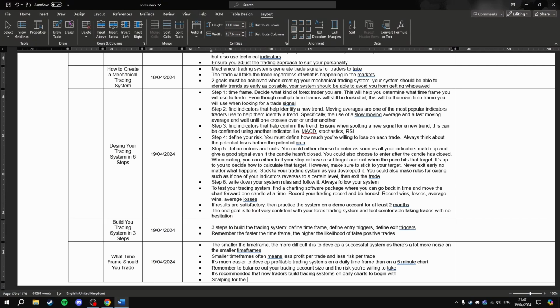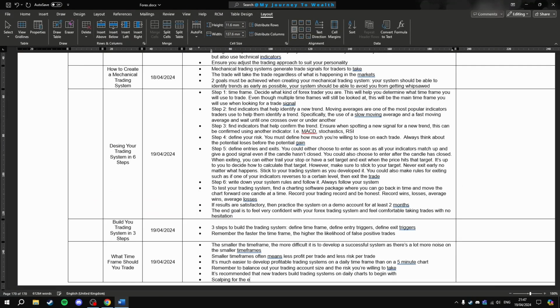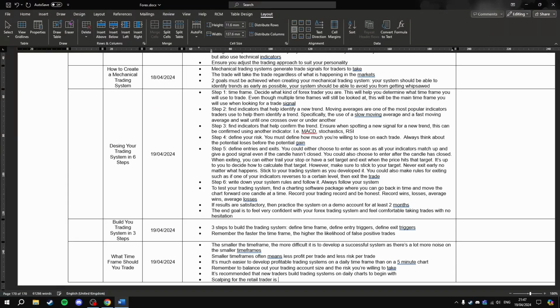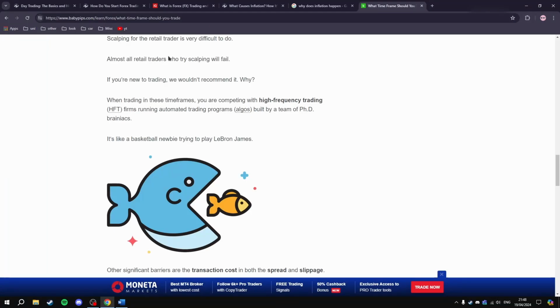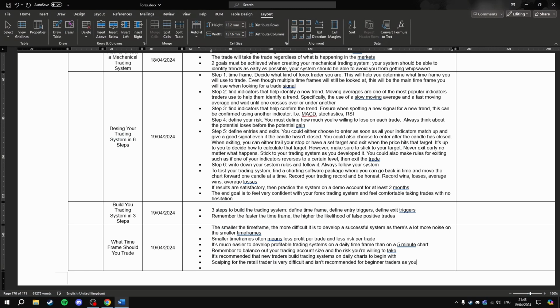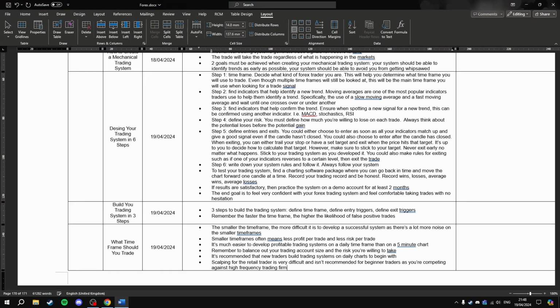Scalping for the retail trader is very difficult and isn't recommended for beginner traders, as you're competing against high frequency trading firms running automated programs.